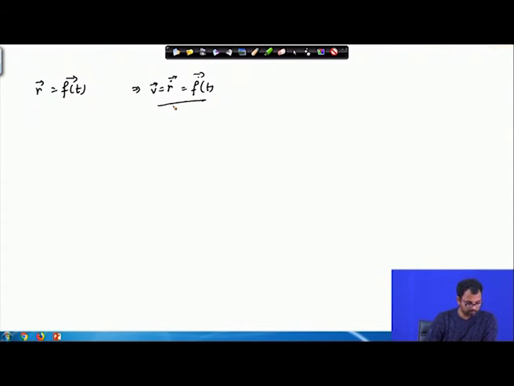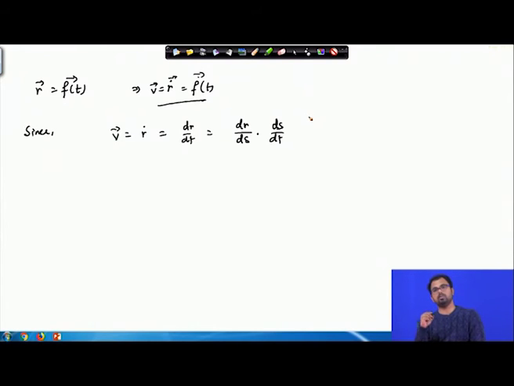All right. Now, since we can write v is equal to r dot, which is dr/dt, I can write dr/ds times ds/dt. Here s is the arc length, and the direction in which the arc length is changing is not relevant.